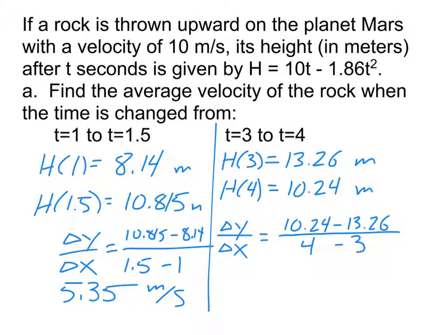And when all is said and done on that calculation, you should get an average velocity of negative 3.02 meters per second. Notice in this case it is negative, and yes, we need to respect that negative. It means that we're now traveling downward instead of traveling upward.